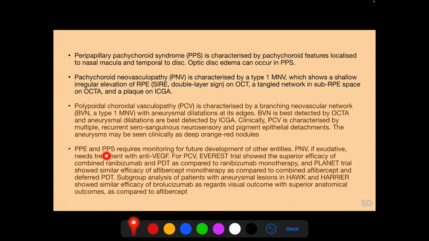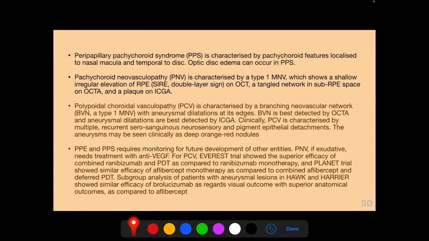PPE and PPS require monitoring for future development of other pachychoroid entities. PNV, if exudative, needs treatment with anti-VEGF. For PCV, the EVEREST trial showed the superior efficacy of combined ranibizumab and PDT as compared to ranibizumab monotherapy, and the PLANET trial showed similar efficacy of aflibercept monotherapy as compared to combined aflibercept and deferred PDT.